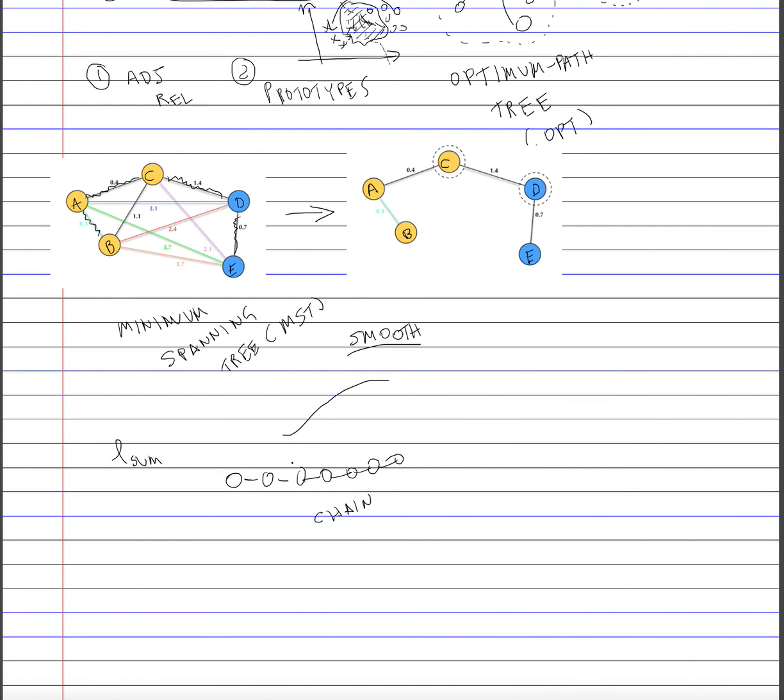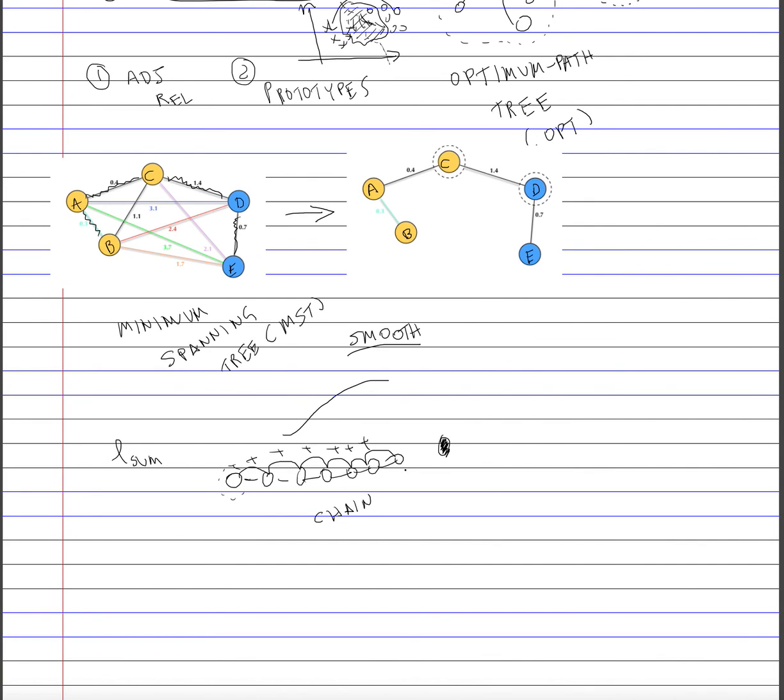Imagine we have a prototype over here from the white class, and we have a prototype from the black class. If I use the fsum, this prototype here is going to need to sum all the arc weights until we get to this very last sample here.